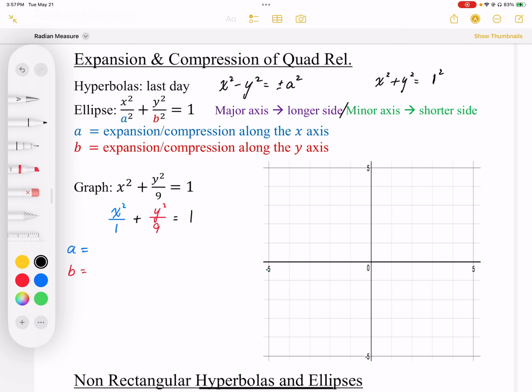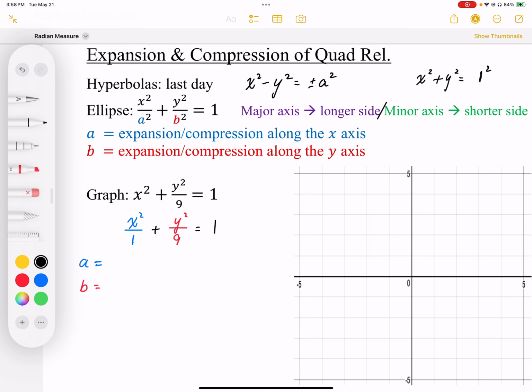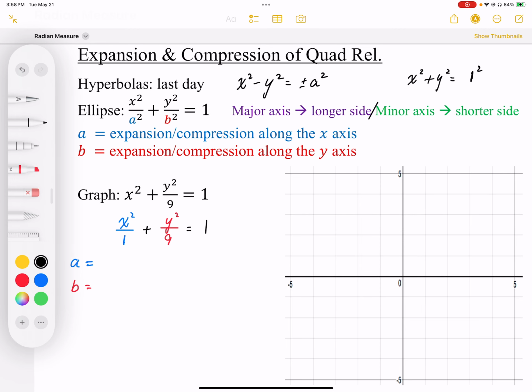Okay, so expansion compression along x for A, expansion compression along the y for B. Now, A being bigger means it's an expansion, A being smaller means compression. So we want to put it into that form to be able to determine what these ellipses look like.